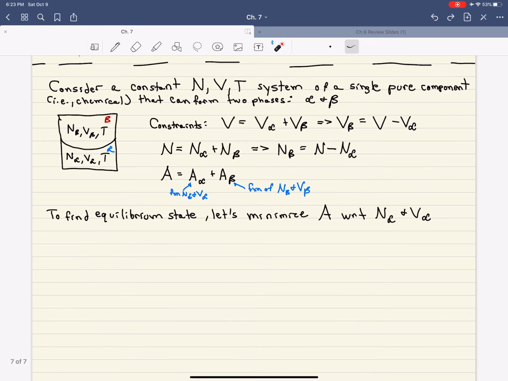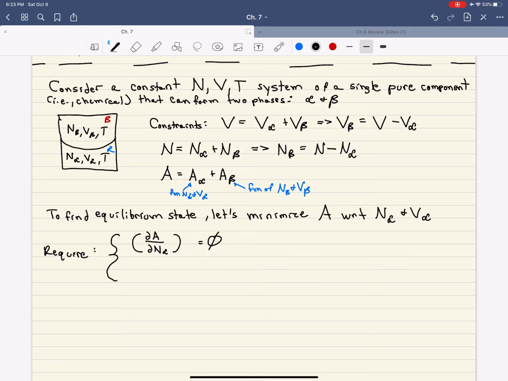Okay, in any case, in order to find the equilibrium state of the system, we need to minimize A with respect to N alpha and V alpha. And so what we're going to require, as you remember from Calculus 1, whenever you talk about minimums of a function, what you're actually talking about is the case where the derivative of the function with respect to some variable is equal to 0, right?